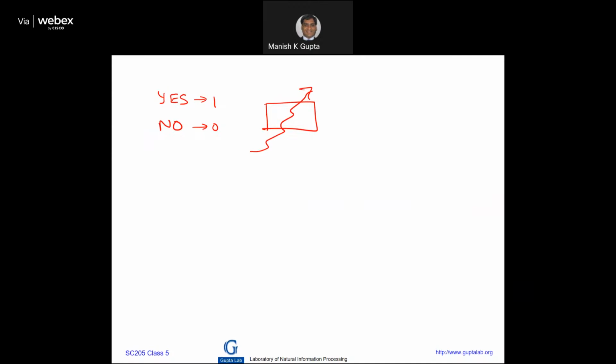So rather than sending 0 or 1, let us see what I can do. Rather than sending 0, I will send 0, 0, 0. And rather than sending 1, I am going to send 1, 1, 1.